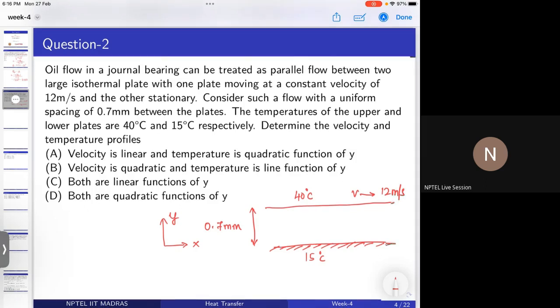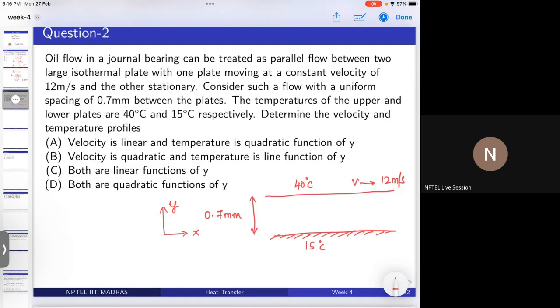So let's take the x component of velocity as u, and the y component of velocity as v. As it is a parallel flow, we can consider the v component of velocity as zero. So only the u component of velocity, which is along the x direction, is there. You can assume this as a 2D problem.